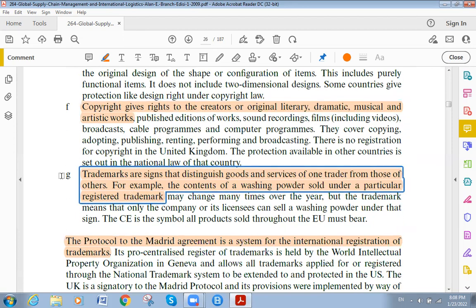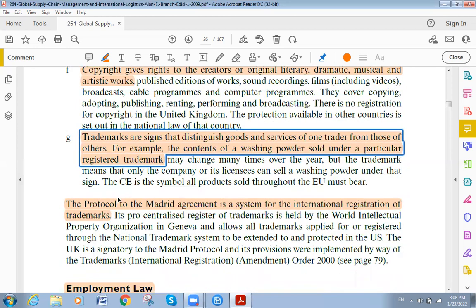You must also know about trademarks, and this is globally very important. They are signs that distinguish the goods and services of one trader from those of others. For example, the content of a washing powder sold under a particular registered trademark. Any mark, anything: Sony, Sonia, National, Honda, Toyota.